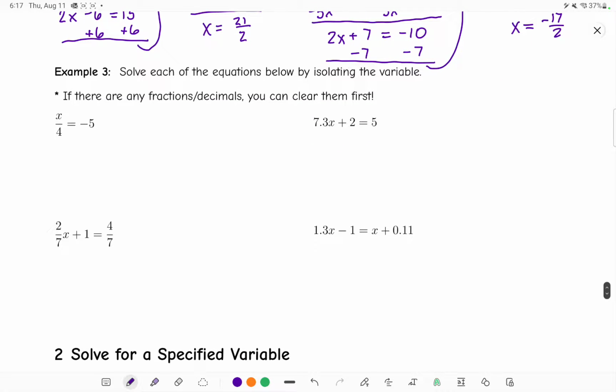Example 3. Solve each of the equations below by isolating the variable. If there are any fractions or decimals, you can clear them first. Now, to clear a fraction, multiply by the LCD of all the fractions.